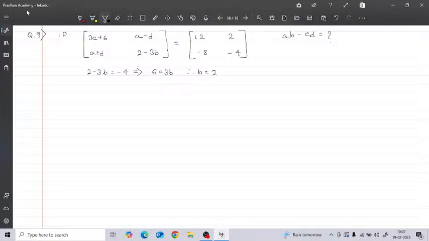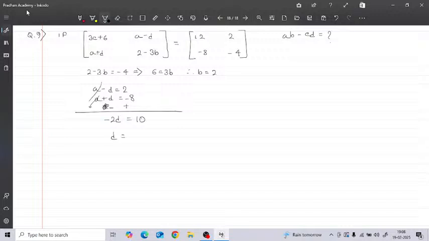Now it is given that a minus d is equal to 2, a plus d equals minus 8. So by the elimination method, we will see that a will be cancelled out. Sorry, that will be a minus. So minus 2d is equal to 10.